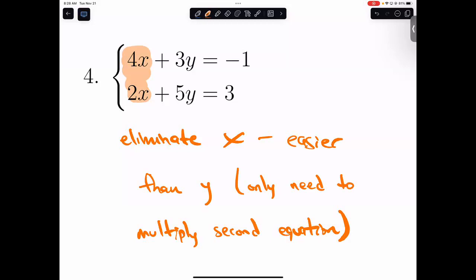If I tried to eliminate y, we would have to do some scaling on both equations, because you've got 3 and 5. I can take them both up to 15 and that's fine, but it's an extra step, which means 3 extra multiplications, which means 3 extra places where maybe you make a little arithmetic mistake. And then that spirals out on you sometimes.